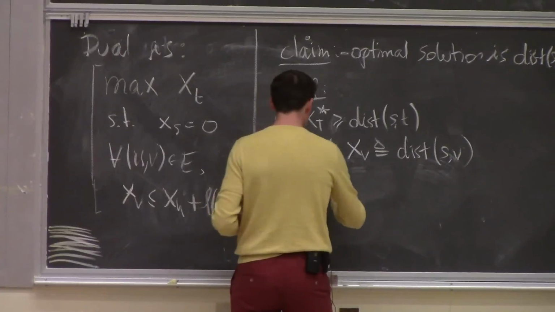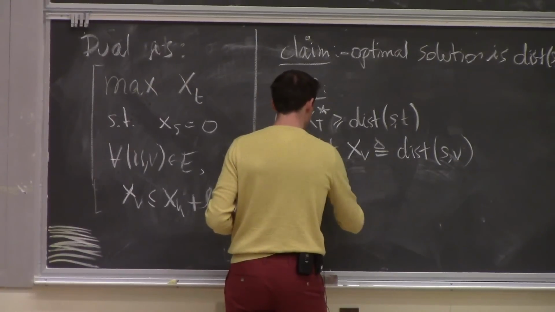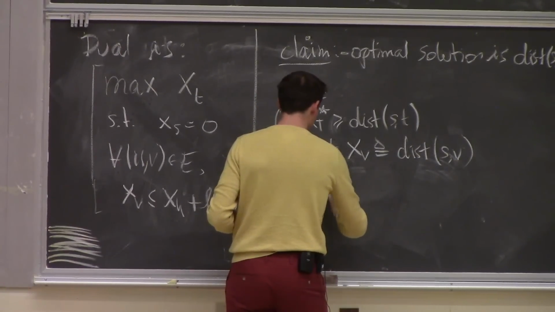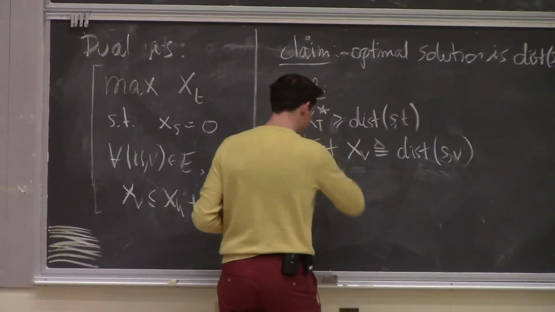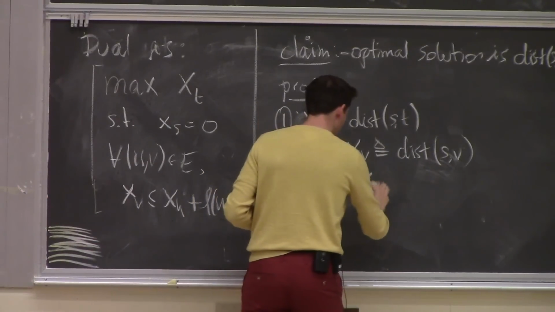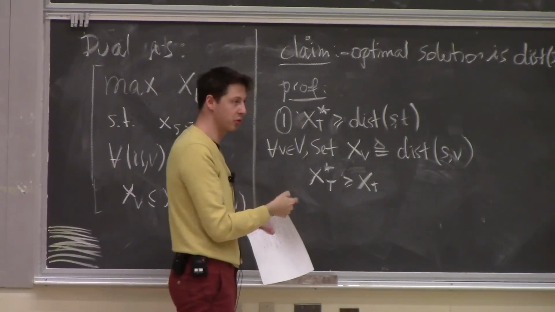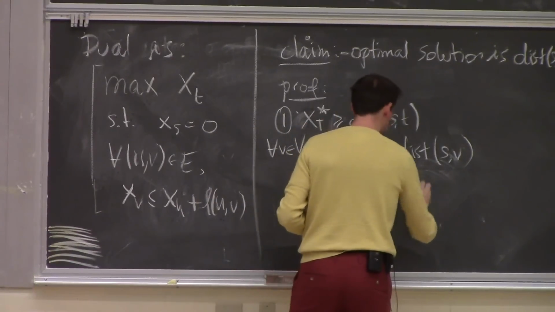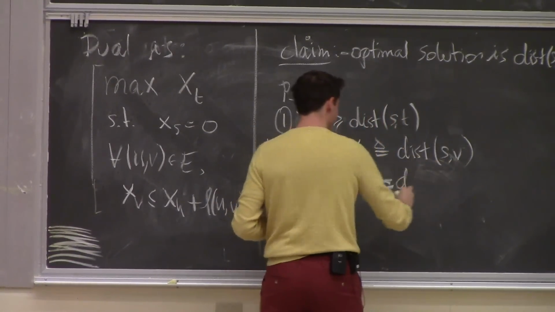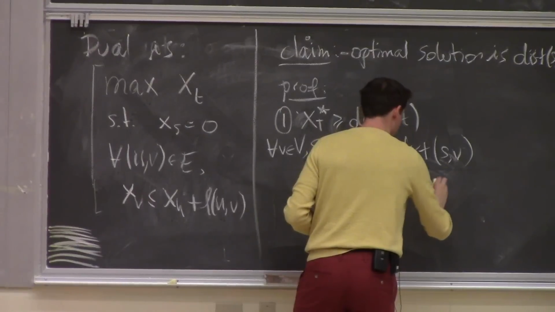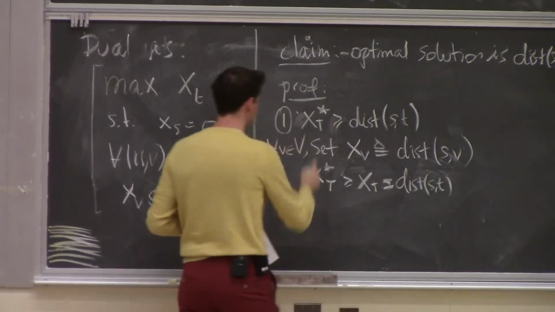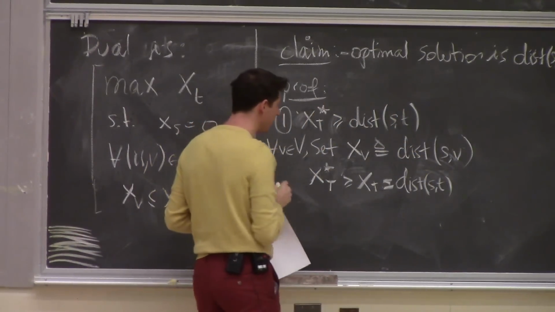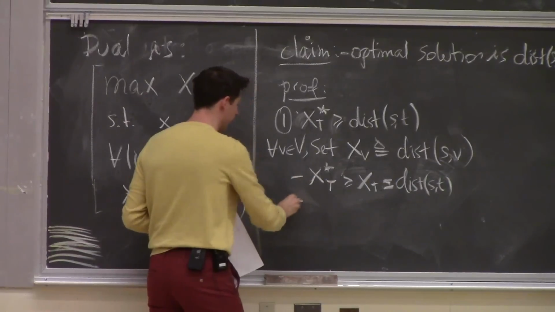First, x star t, by definition, is at least xt, which is a particular feasible solution that I just set. If I set v to be t in this definition, it's just the distance of st. Okay, so that's fine, but I also need to make sure that it's feasible. So that's one side.